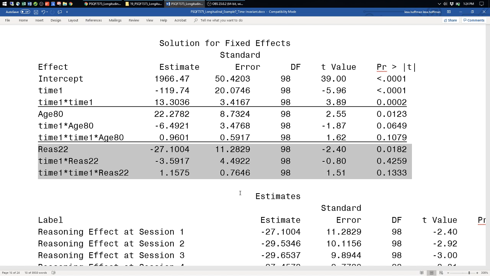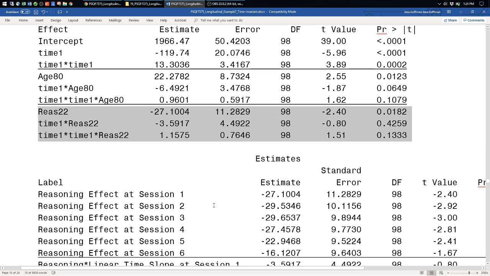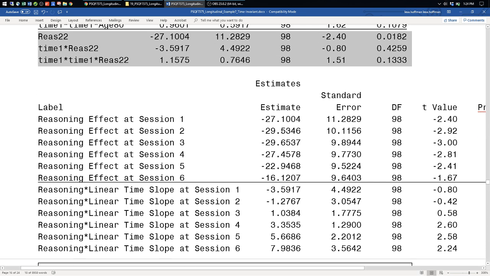The more negative slows down. So the implied reasoning effect at each occasion then is biggest in the middle. It's more negative, but then that more negative slows down and it actually ends up reversing direction. So this coefficient eventually overpowers it and flips the direction because it's so big.